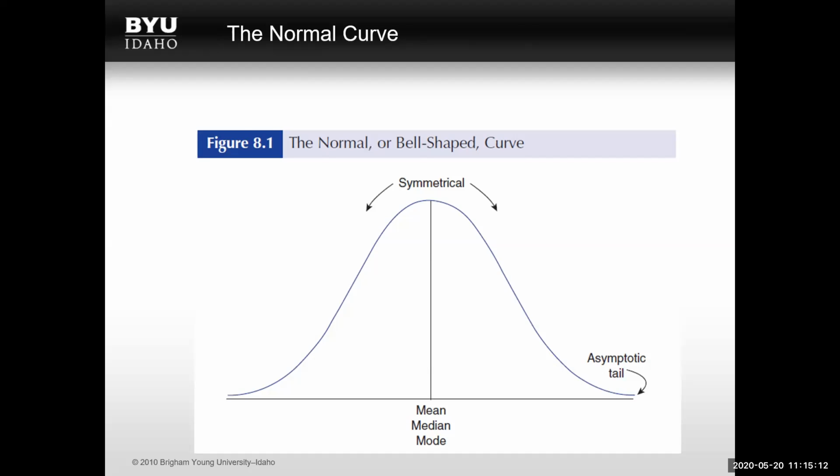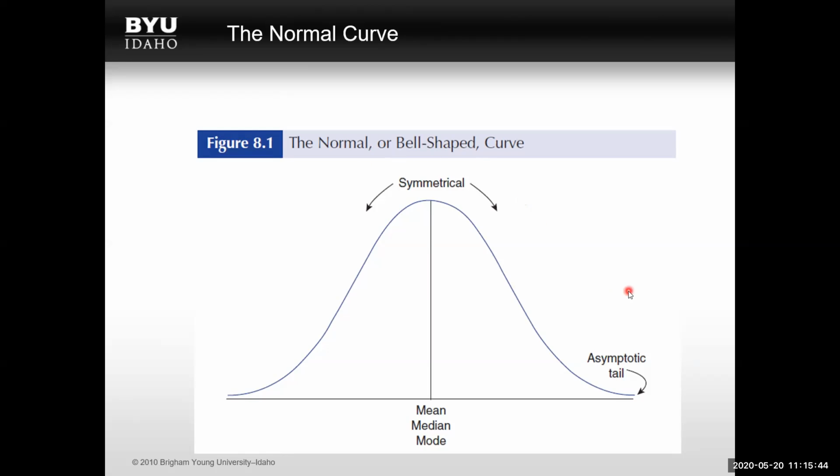So you see here in figure 8.1, hopefully you can see some of this stuff. People will frequently refer to anything that has this bell-shaped thing as a normal distribution.